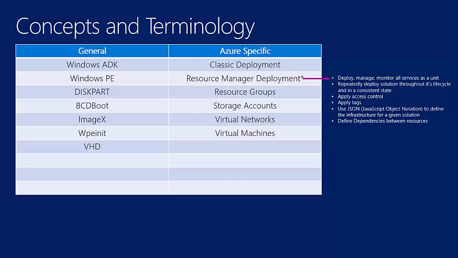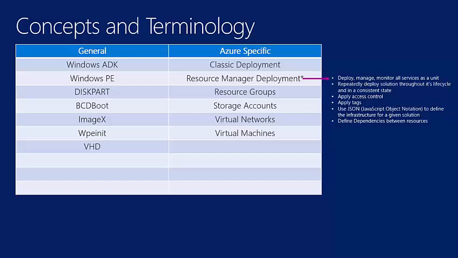So what are these things? The classic deployment model was the first and only deployment model whenever Azure was first introduced. It uses a unique set of APIs to interact with deployments created in the classic model. It is not compatible with any other resources deployed using the resource manager deployment model, for example, right?